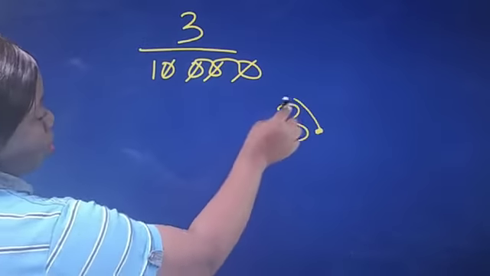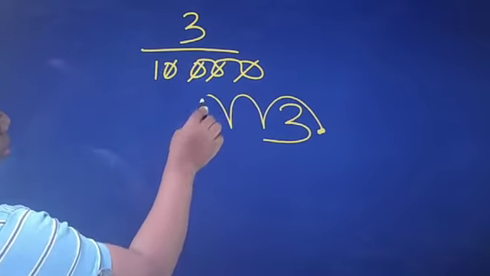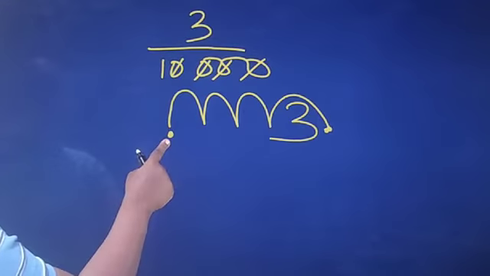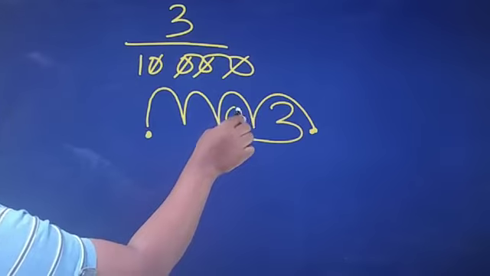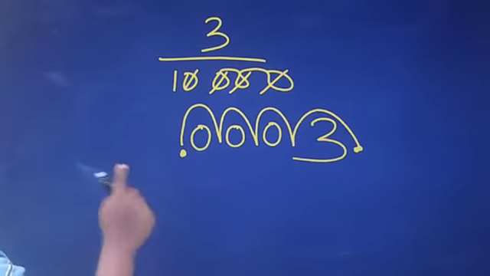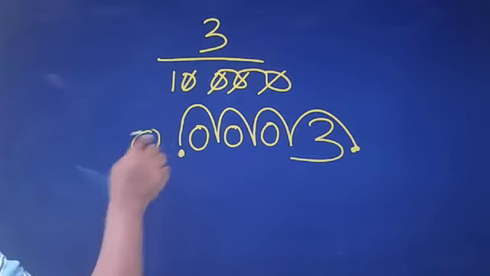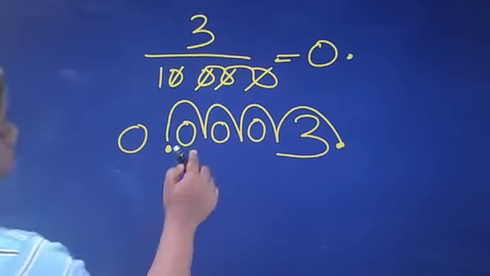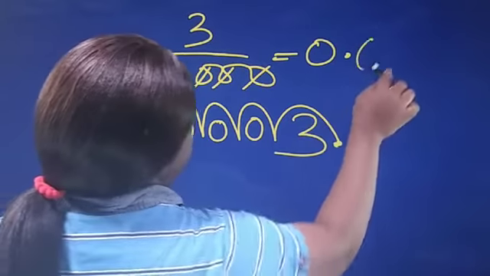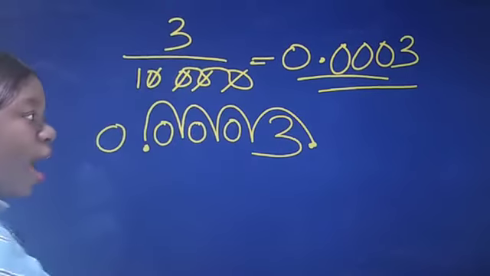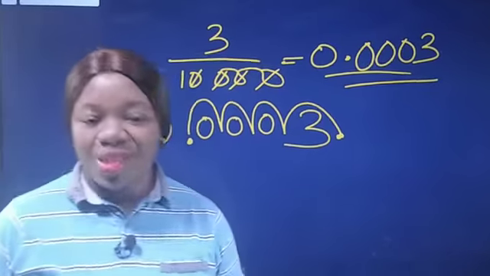Your decimal point will be here. Fill up these empty spaces with 0. Then to your left, there should be a number. So introduce a 0. So which means the answer is 0.0003. So this is how to change fractions to decimal numbers.